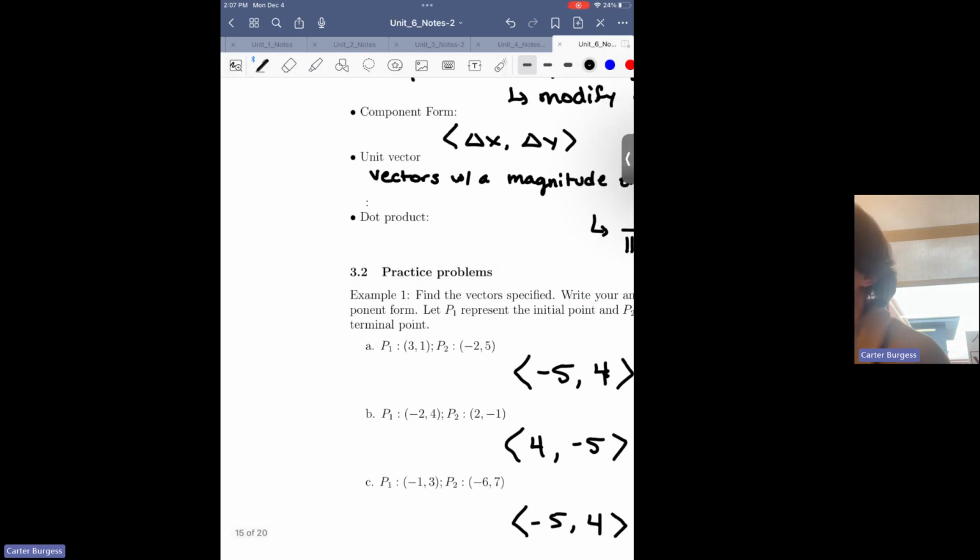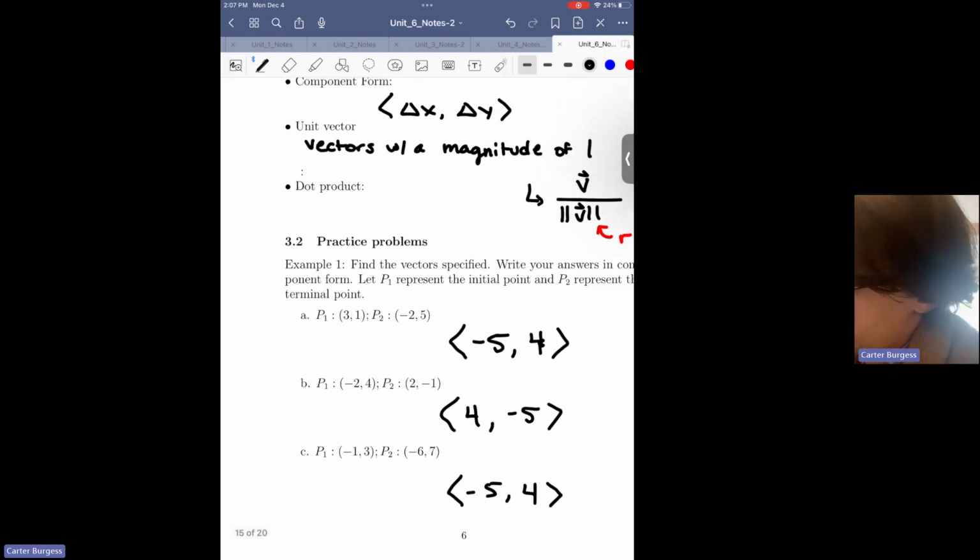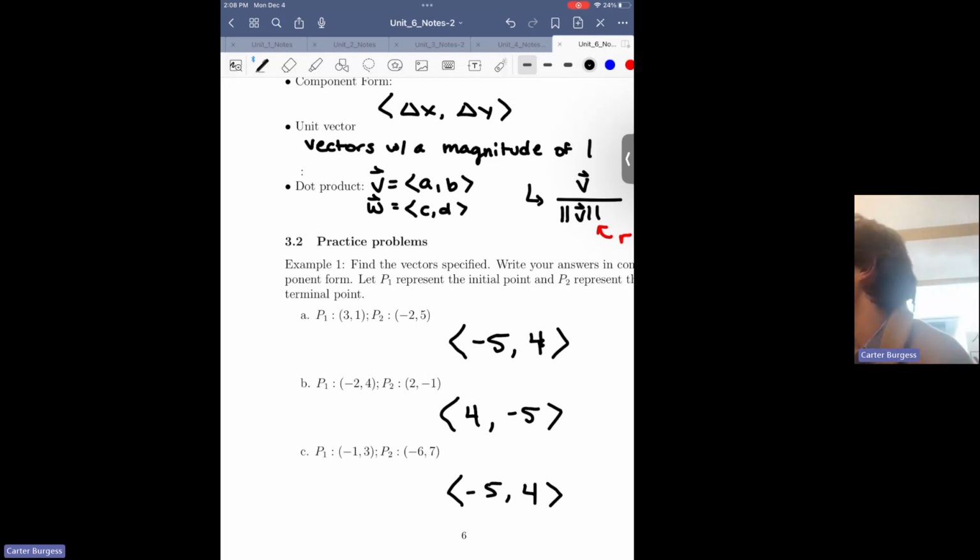So we'll just jump into the definition. If we say we have a vector v, which we'll define as a, b, and a vector w, which we will define as c, d, then very simply, the dot product of those 2 vectors, v dot w, is going to be the product of the x's plus the product of the y's.